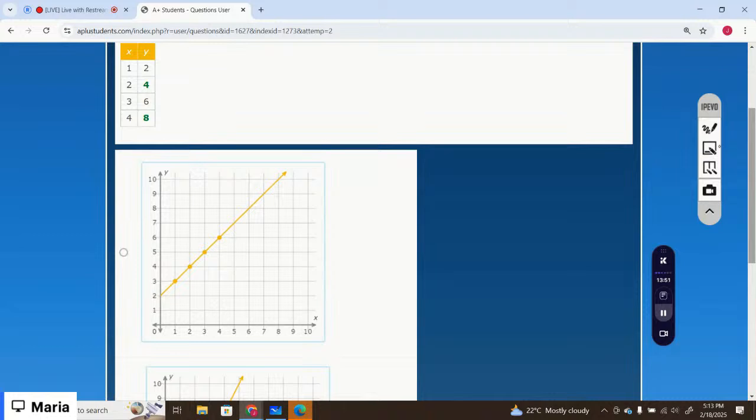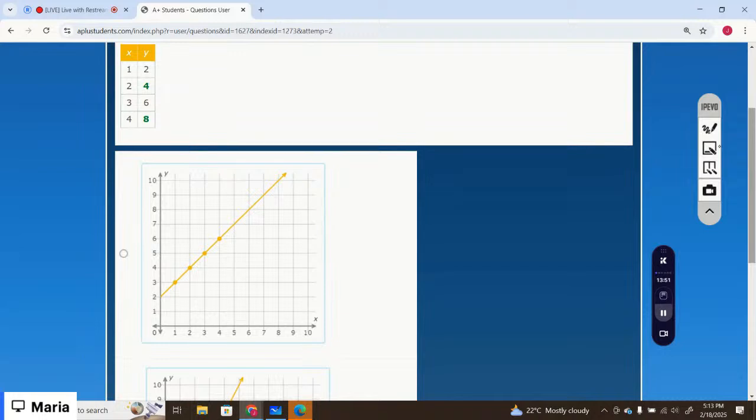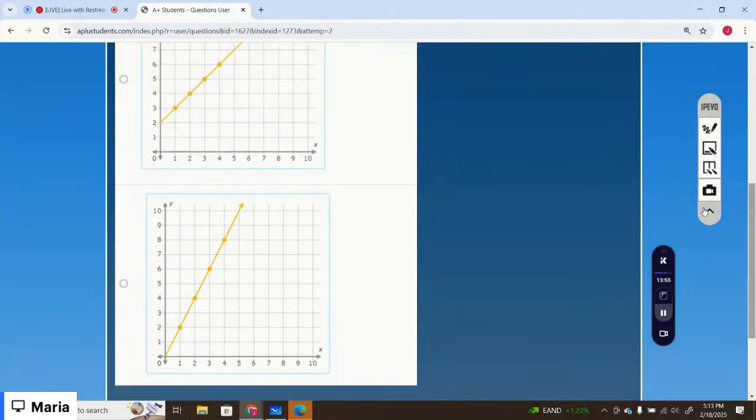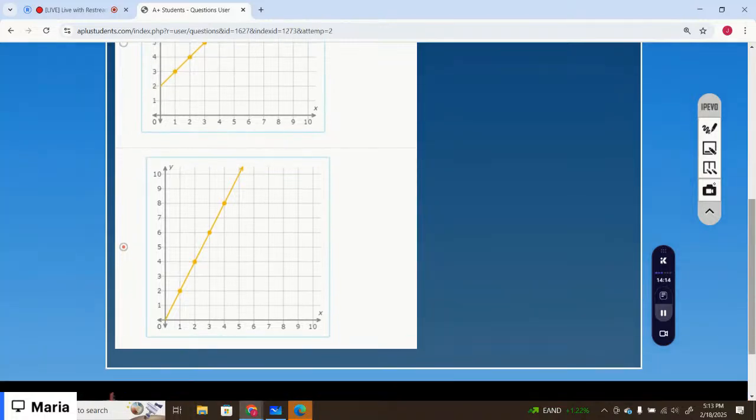You have to match 1, 2, 2, 4. X is 2, y is 4, x is 3, y is 6, and x is 4, y is 8. Option number 2 is the correct option.